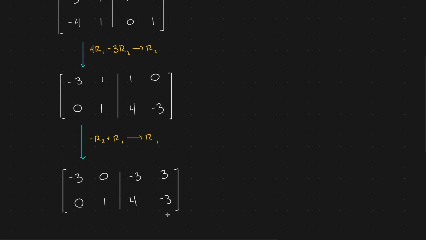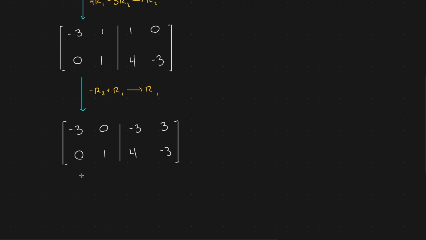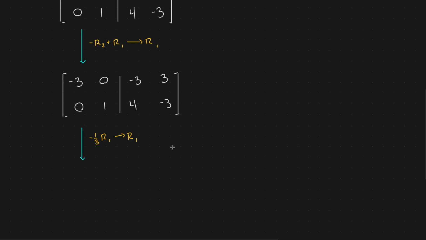We're almost done. We just need this to be a 1 instead of a -3. So I'm just going to take row 1 and multiply it by -1/3. And look at that, we were able to avoid fractions the whole way through because row 1 is going to become 1, 0, 1, -1, and row 2 becomes, or stays, 0, 1, 4, -3.